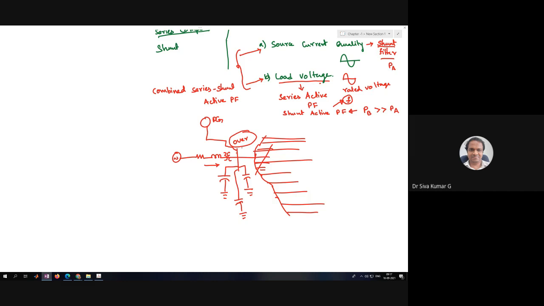So we use a stabilizer, but still it may not work, because if one of the phases gets overloaded, the stabilizer cannot boost the voltage to the required level.